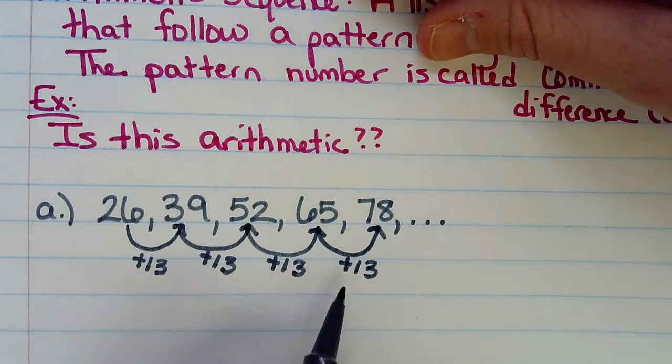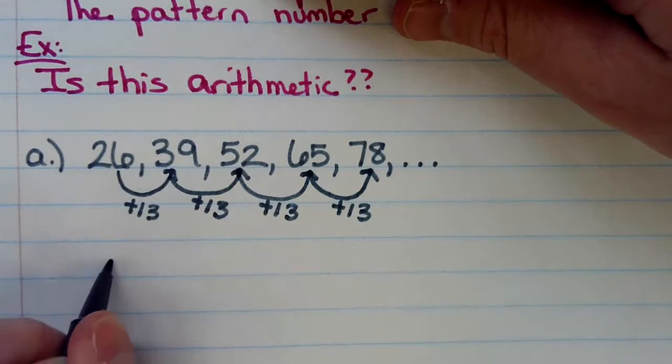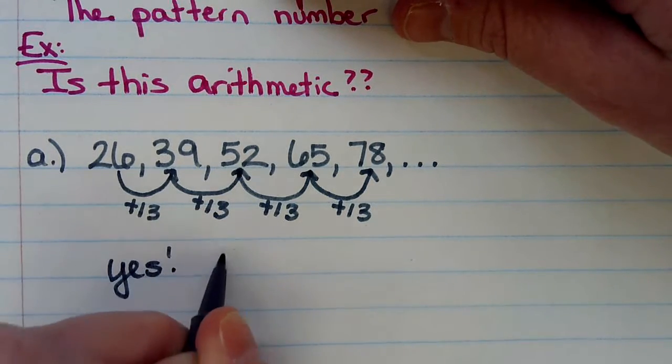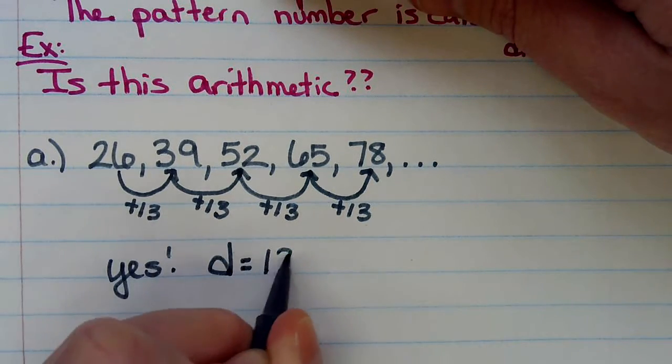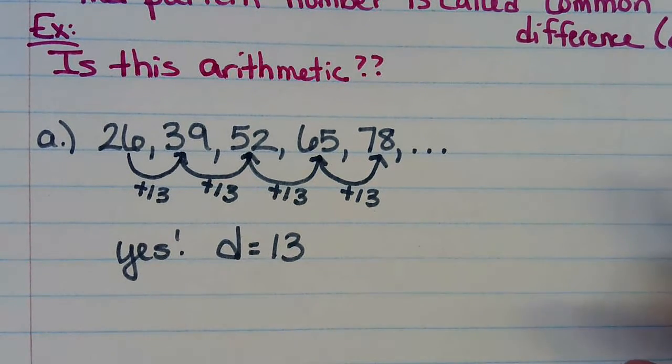So since we are adding the same number every single time, yes, this is arithmetic, and the common difference is 13. So your answers today will be yes or no. If it's yes, you're going to tell me what the difference is. Any questions on that? No.